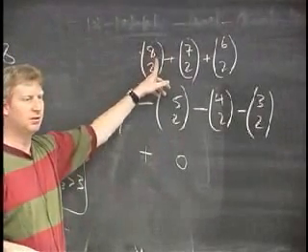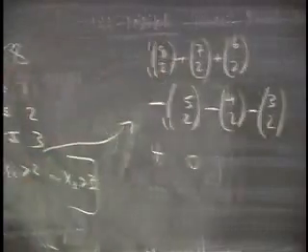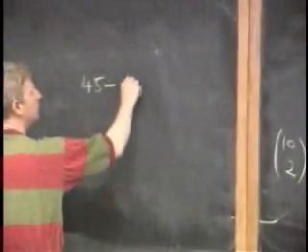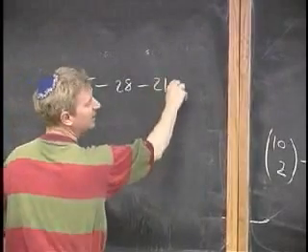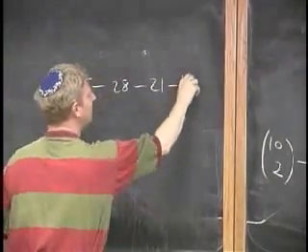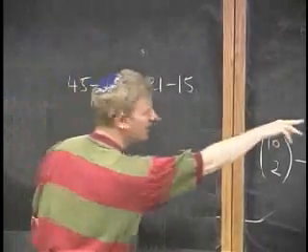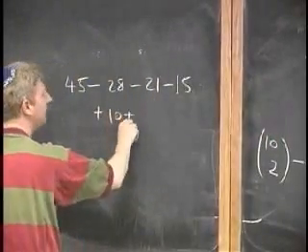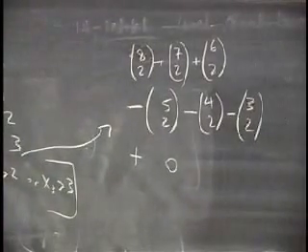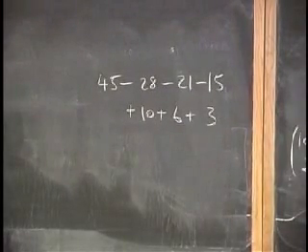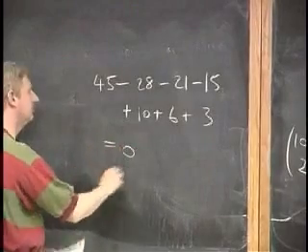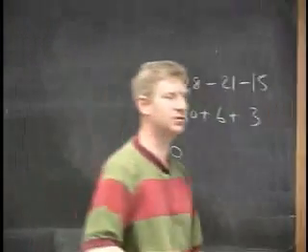Minus 28 minus 21 minus 15 plus 10 plus 6 plus 3. So hope to God that turns out to be 0. It is. It's 0. Woohoo! There. One for the inclusion-exclusion theorem.